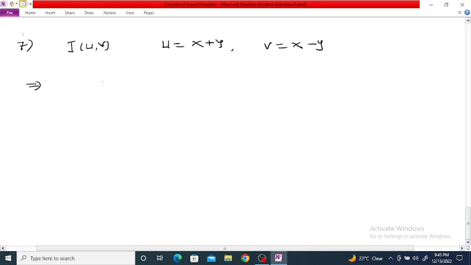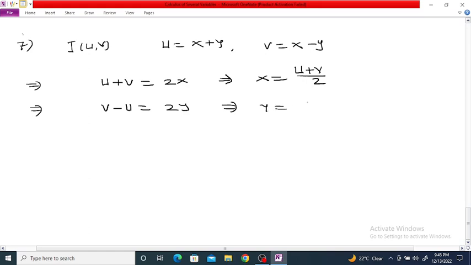So if you add here u plus v, then it is equal to 2x, and this implies x is equal to (u plus v) divided by 2. And if we subtract here, say v minus u, then it is equal to 2y, and y is equal to (v minus u) divided by 2.